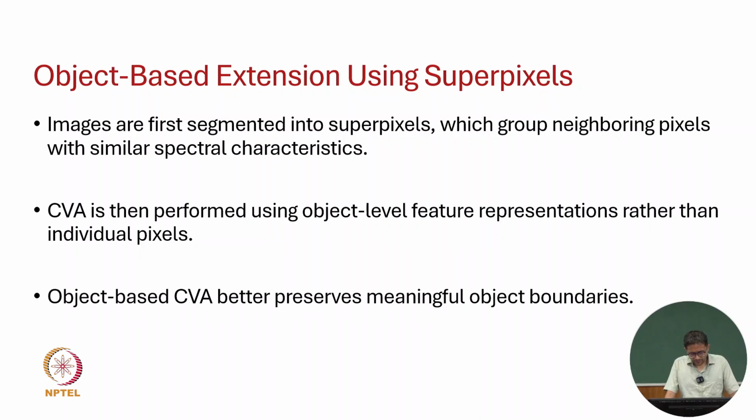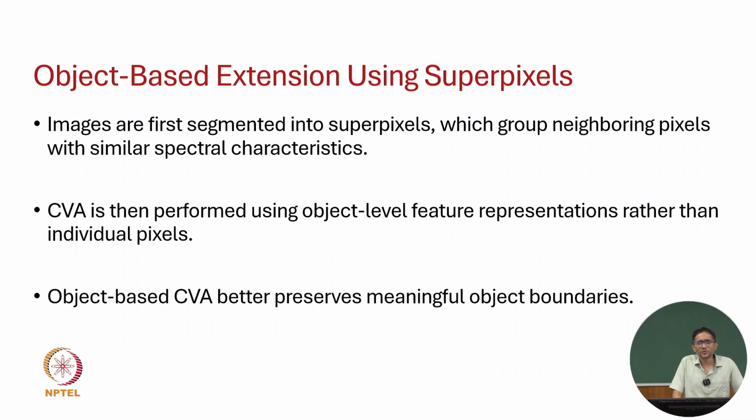Similarly, another approach is, instead of thinking of pixel-wise changes, why not think of object-based change. One very straightforward way to represent an object in the pre-deep learning era was the superpixel. A superpixel basically represents a spectrally homogeneous area in an image.